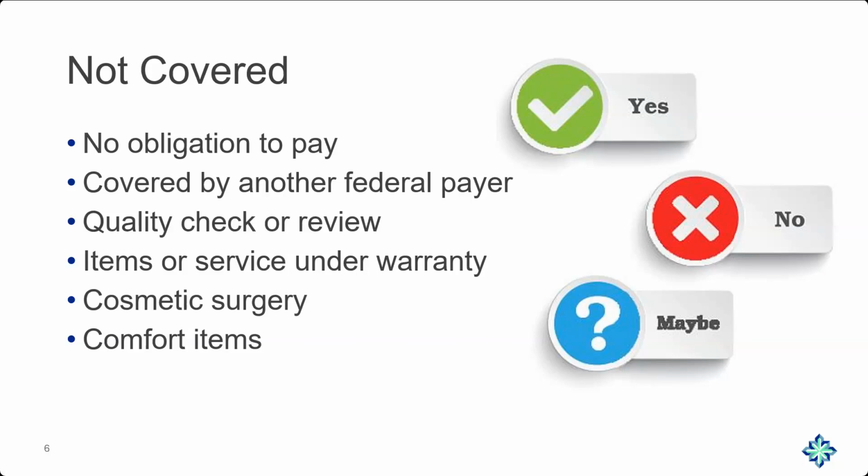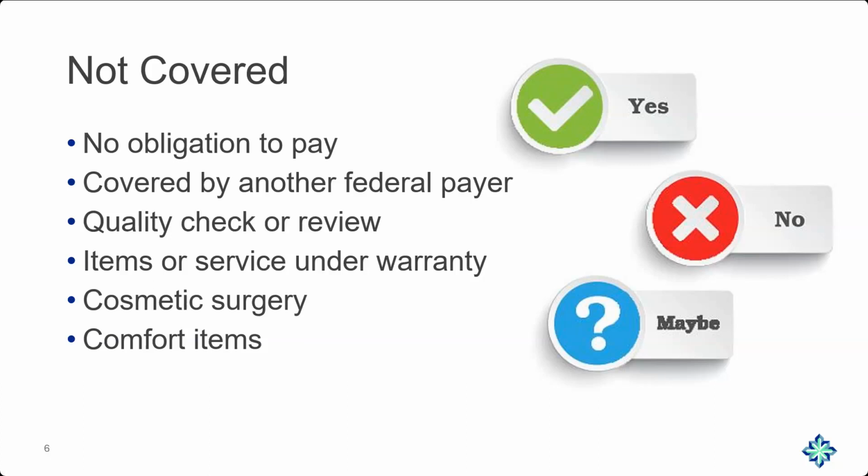Veterans Administration coverage. Quality check or review, basically you're not doing it for a medical reason, you're doing it to make sure you did it correctly in the first place. That's not something Medicare will pay for. This is not for a patient requested second opinion. Those can be payable.